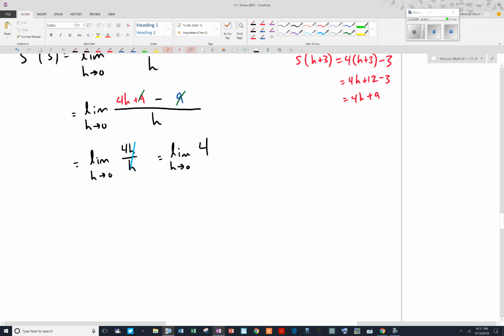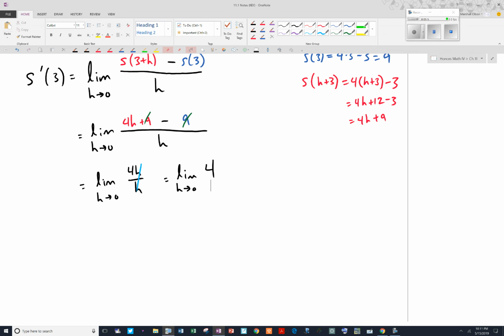Now, it's been a while since we did some of our limit problems back in the prerequisite chapter in first semester. So one of the things you need to remember is that the limit of a constant is the value of the constant itself. I'm just going to put that as a little reminder here. The limit as x approaches a of some constant c is just going to equal c.